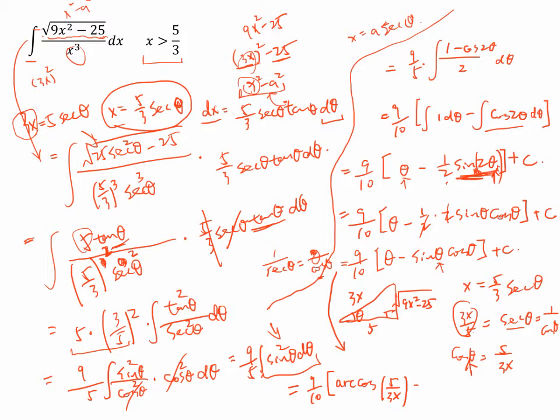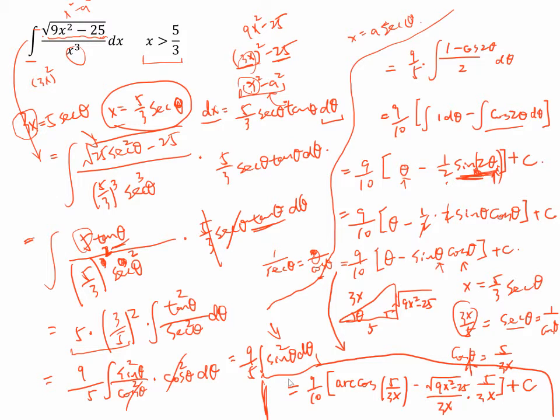Minus sine theta, which is the square root of 9x squared minus 25 divided by 3x, times cosine theta right here, 5/3x, and then plus C. So this is my answer.